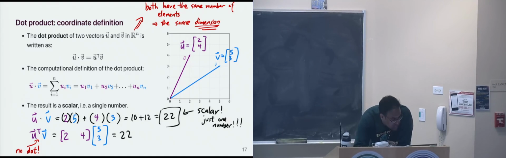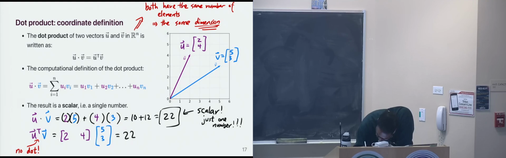Okay, and it's important to note that when I'm multiplying out U transpose V, I can only do it because the dimensions match up. The dimensions of U transpose are 1 by 2, and the dimensions of V are 2 by 1. These inner dimensions match.